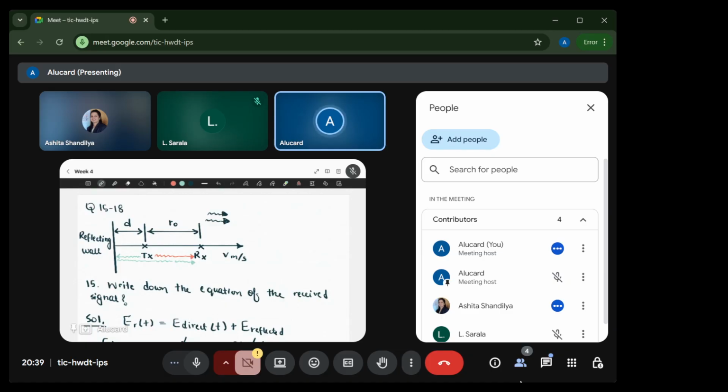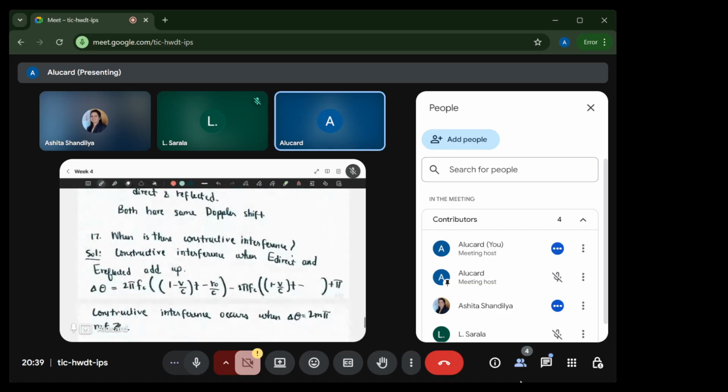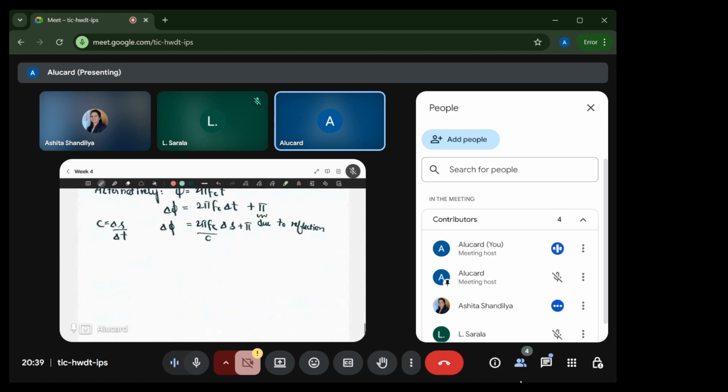One signal is directly traveling in that way. The other signal has to go a distance d, then travel back a distance d, and then start from this point. So the path difference is twice d. So it's 2 pi fc over c into 2d plus pi.